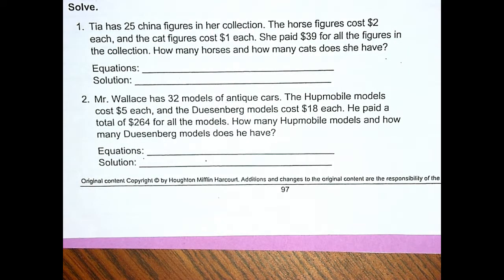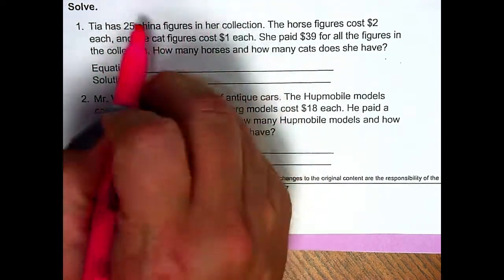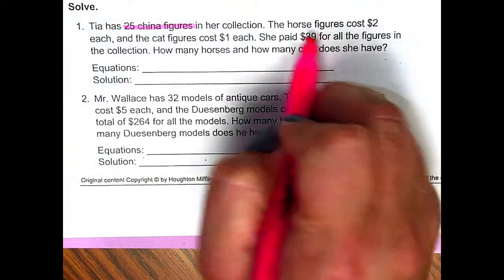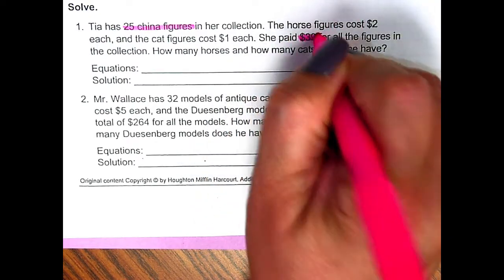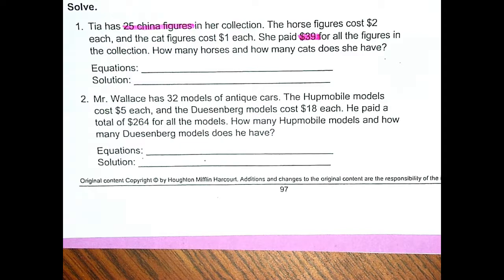What I like to do is first find the totals, because I know I have to have two equations, so I have to have two totals. One says Tia has 25 China figures and the other says she paid $39. So I know that I have to have a total number of figures and something that adds up to $39.